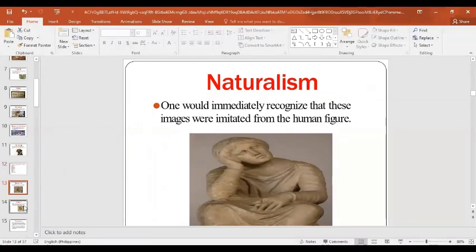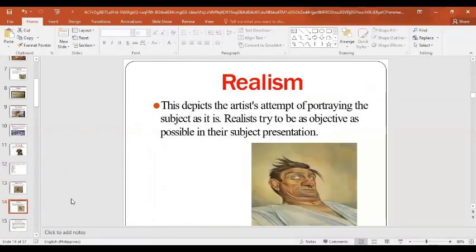So next. So we have realism. So this depicts the artist's attempt of portraying the subject as it is. So realists try to be as objective as possible in their subject presentation. Kumbaga pag sinabi nating realism, siya ay accurate, no?